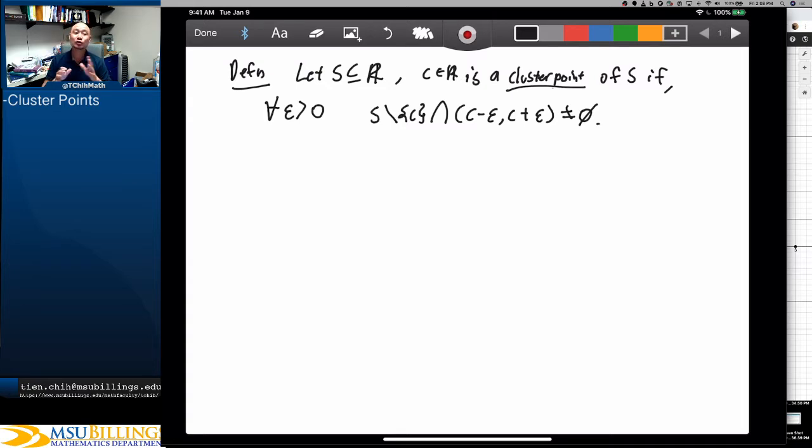Alright, so what I've written here is a bunch of symbols, and as we are wont to do, we want to take this and extract its meaning and some intuition about its meaning from it.